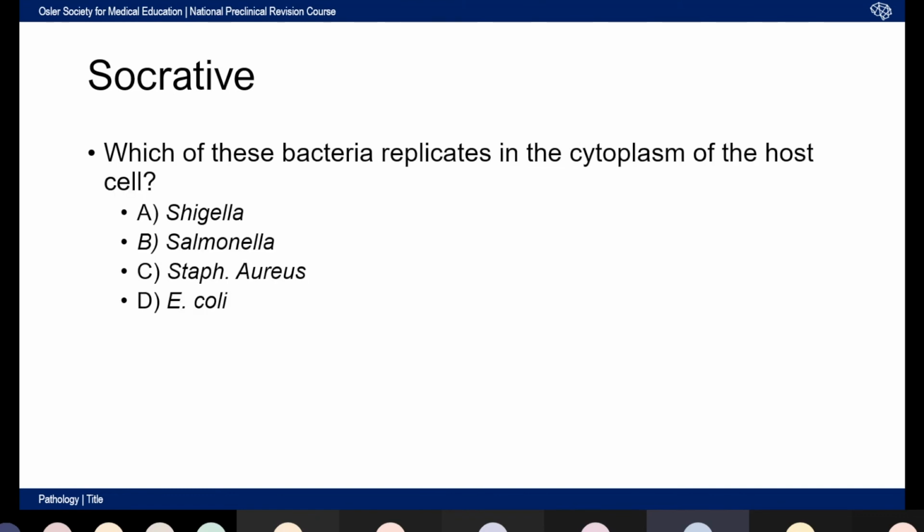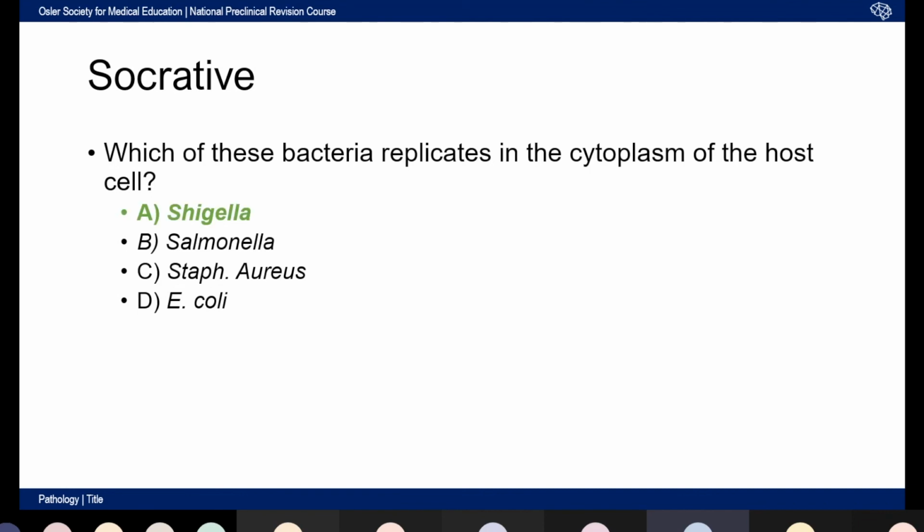And then which of these bacteria replicates in the cytoplasm of the host cell? Okay, yeah, so the answer is Shigella.